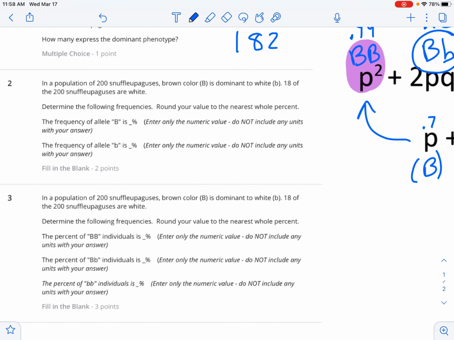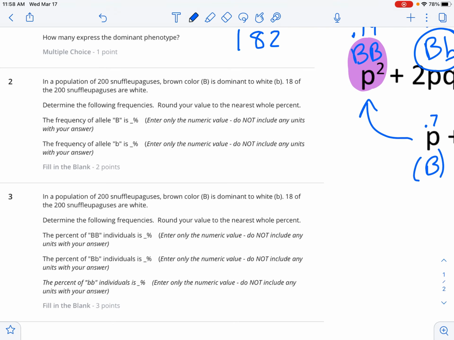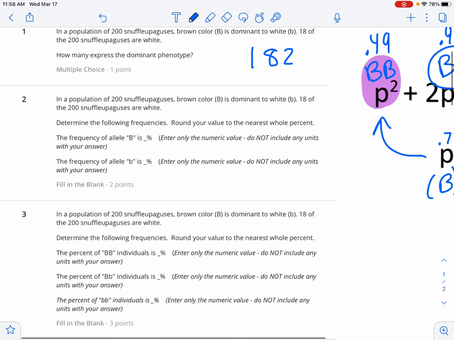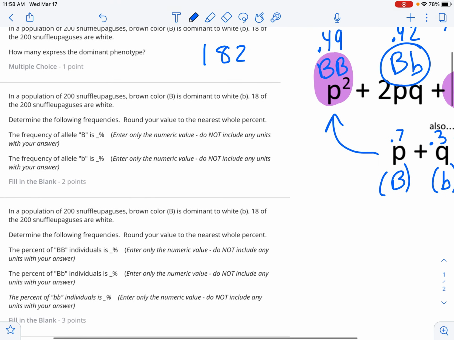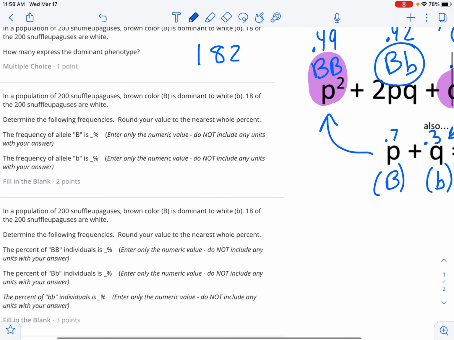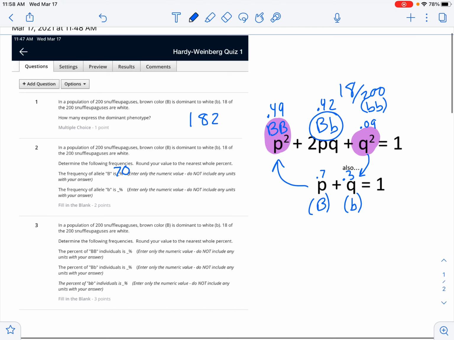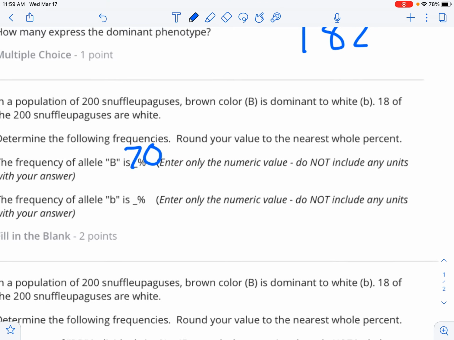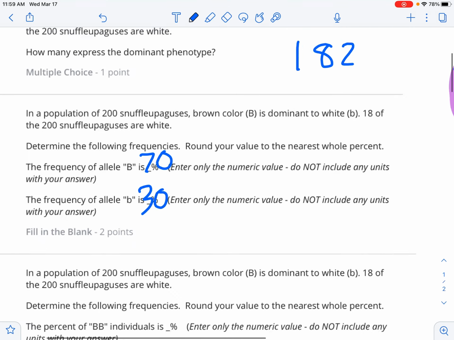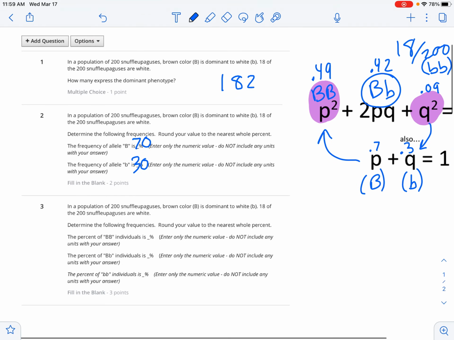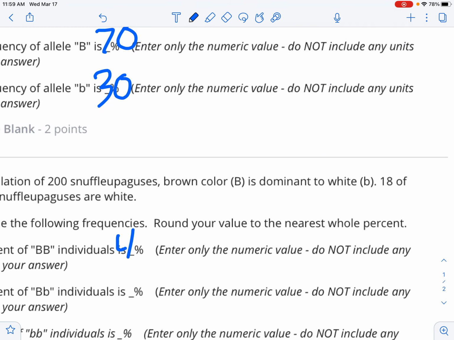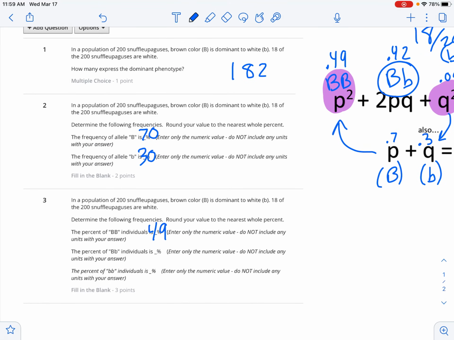I should clarify that you might get these answers wrong if you don't put the numbers in percent. The question asks for percent, so the frequency of the B allele, 0.7, is 70%, and the q allele is 30%. Here it's the same thing, so you just type in the numerical value: 49, not 0.49, because it's asking for percent.